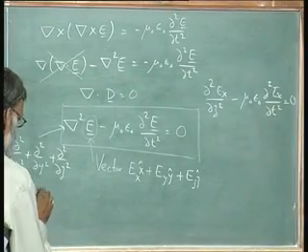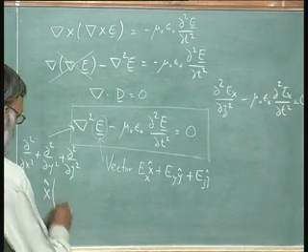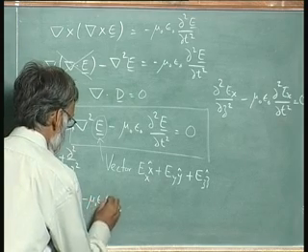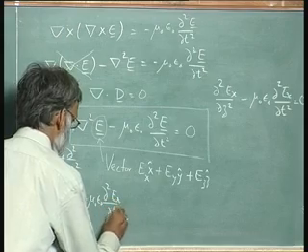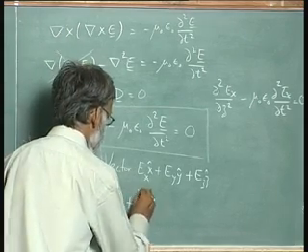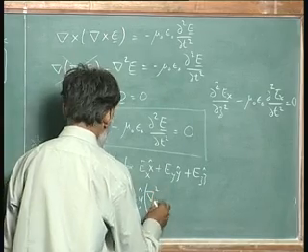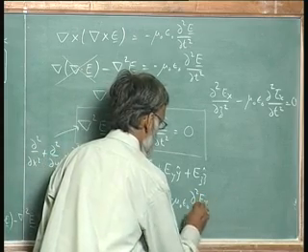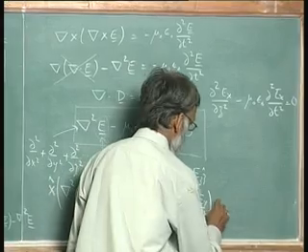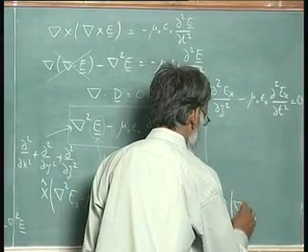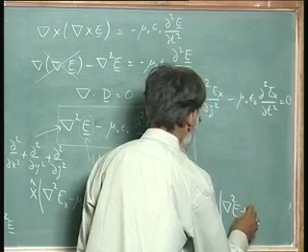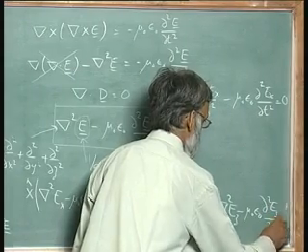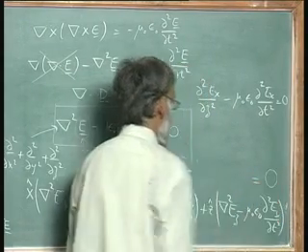So, the way I will write it is I will say it is unit vector along x of del squared E x minus mu naught epsilon naught del squared E x del t squared plus unit vector along y of del squared E y minus mu naught epsilon naught del squared E y del t squared plus unit vector along z of del squared E z minus mu naught epsilon naught del squared E z del t squared, whole thing is equal to 0.